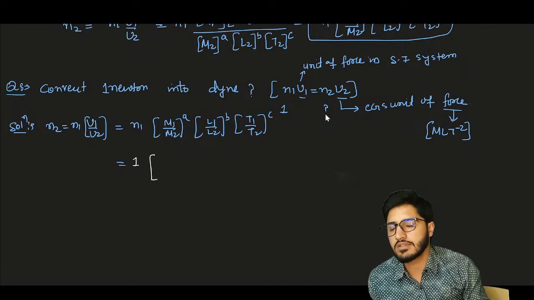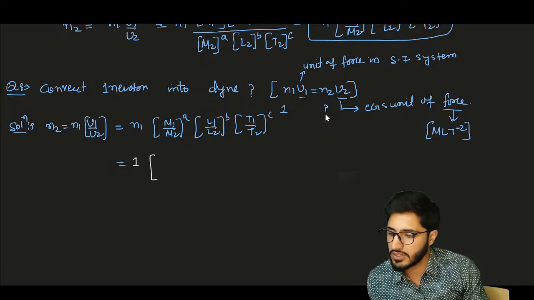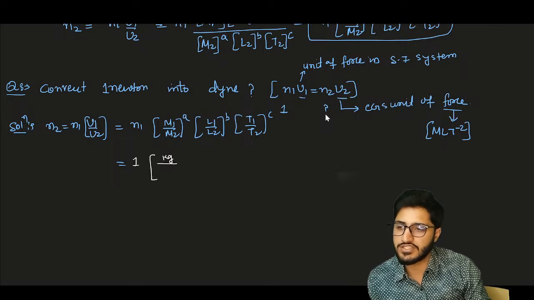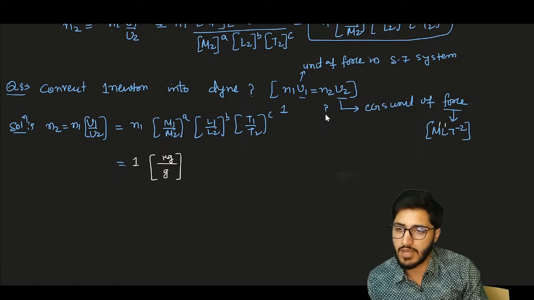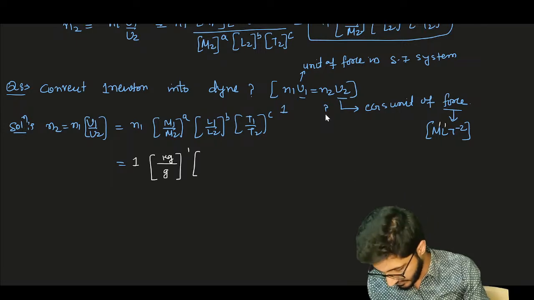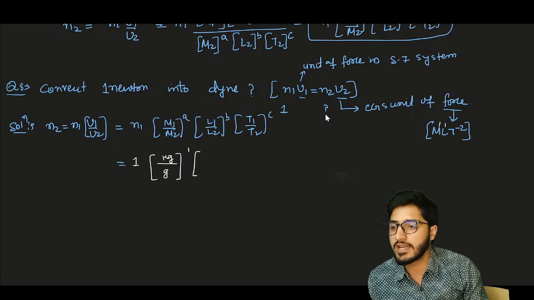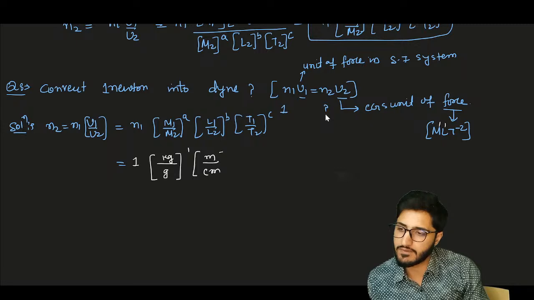M1, the unit of mass in the SI system, is kilogram. M2 in CGS is gram, and the power a is 1. L1, the unit of length in SI, is meter. In CGS it is centimeter, and the power is 1. T1 is second, divided by second, and the power is minus 2.